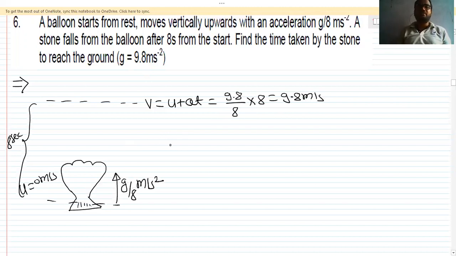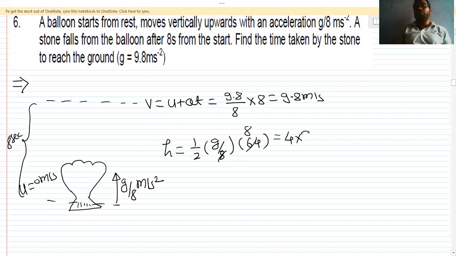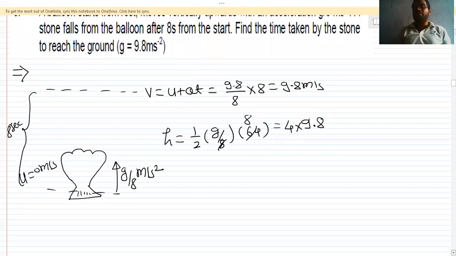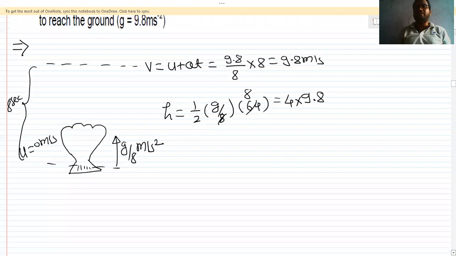Once we got the velocity, we can find the value of height, and that is half g by 8 into t squared, that is 64. So it is 8, so it will be 4 into 9.8. So this is h value we have, this is velocity we have. So this is just a simple projection from the tower height h, we can say, right?